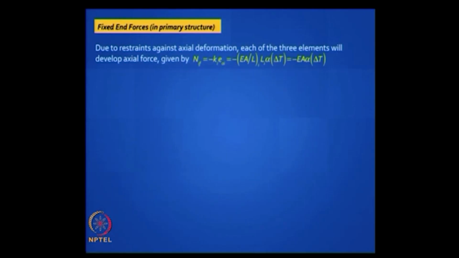Now it is interesting that Ki is EA by L and e naught i is L alpha delta T. L cancels out. It's interesting, am I right? So for all the three elements you will get the same axial force. Yes or no? That is what logic says.